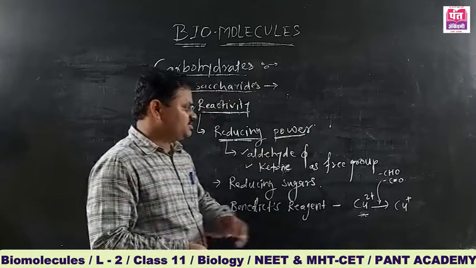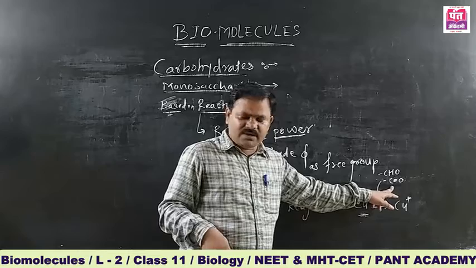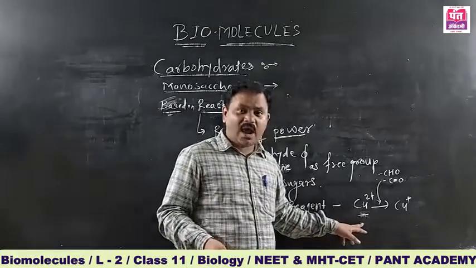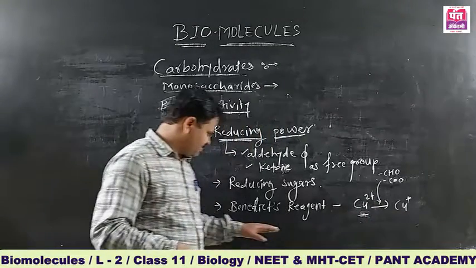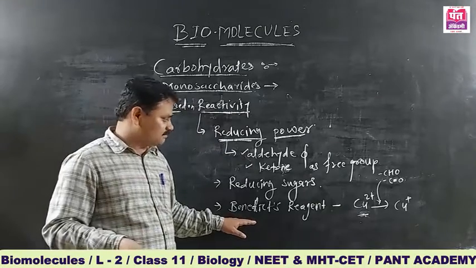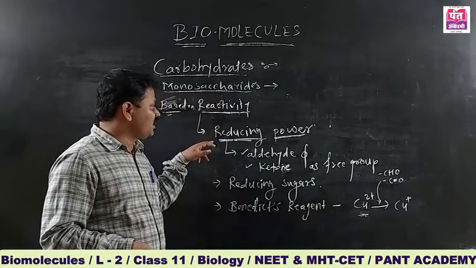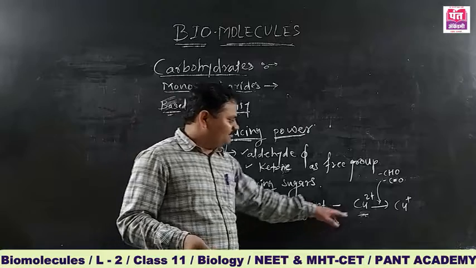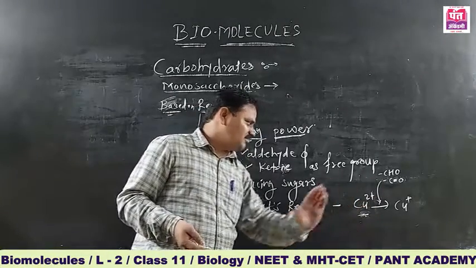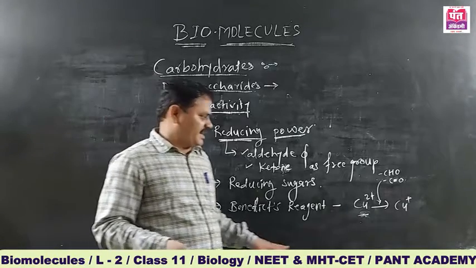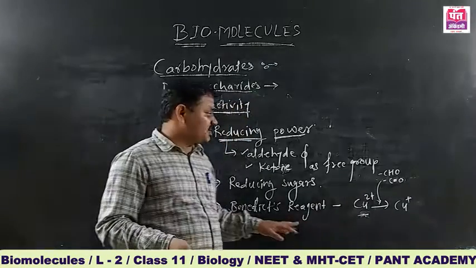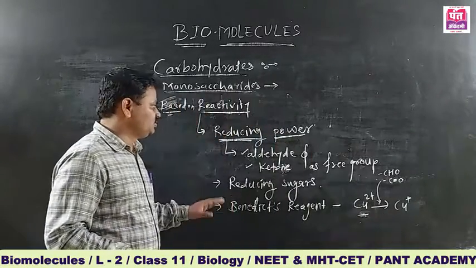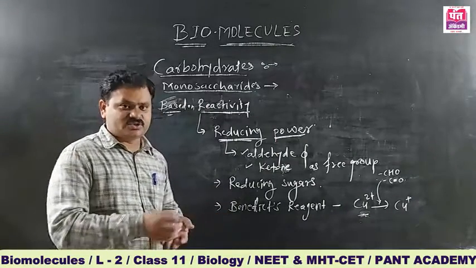If these two groups are freely present in the monosaccharides, then they have the ability to reduce the copper ions present in the Benedict's reagent, and therefore these kinds of sugars are called reducing sugars, because they have reducing power and are responsible for the reduction of oxidizing agents such as cupric ions, which are reduced into cuprous ions.